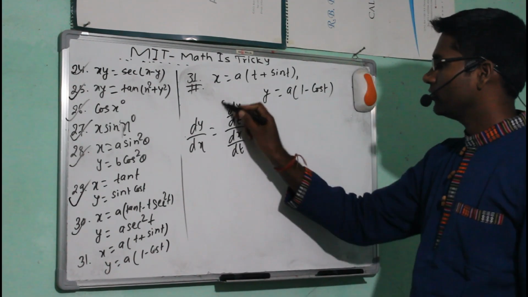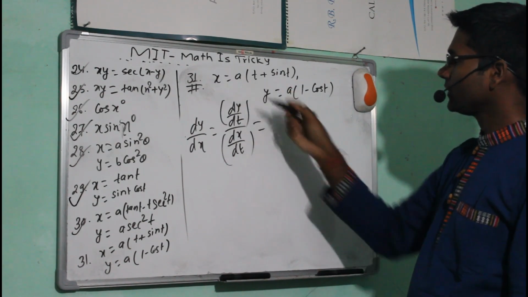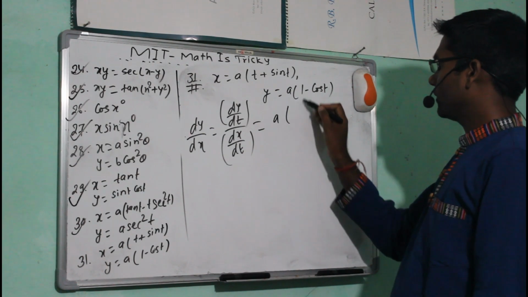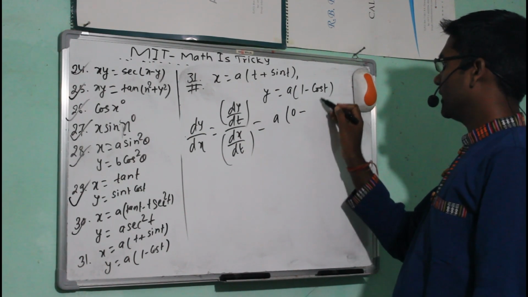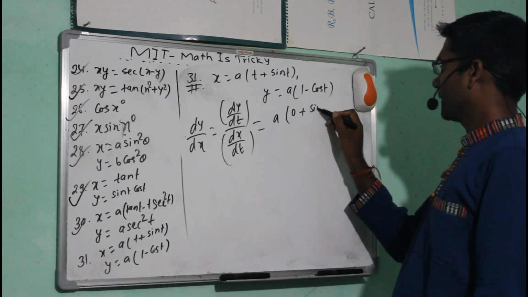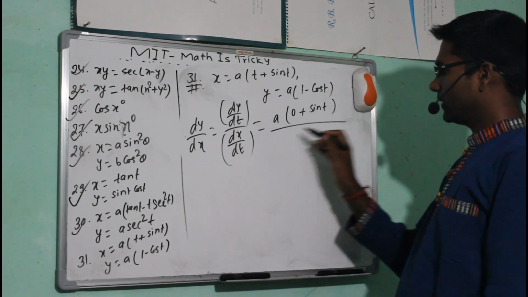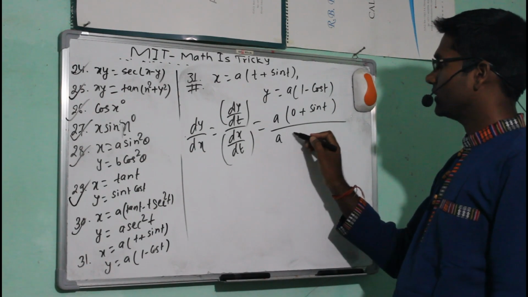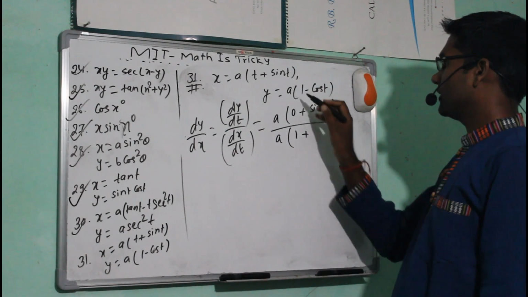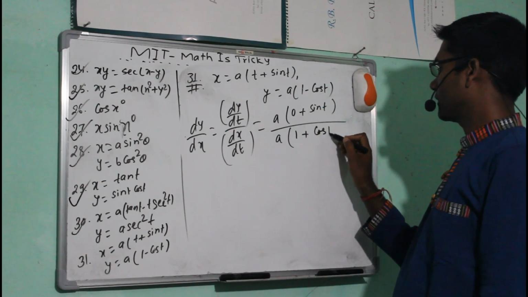So now let's differentiate y first. a is constant outside, derivative of 1 is 0, minus derivative of cos is minus sin, so it will be plus sin t. Again for x, a is constant, take it outside, derivative of t is 1 plus derivative of sin is cos t.